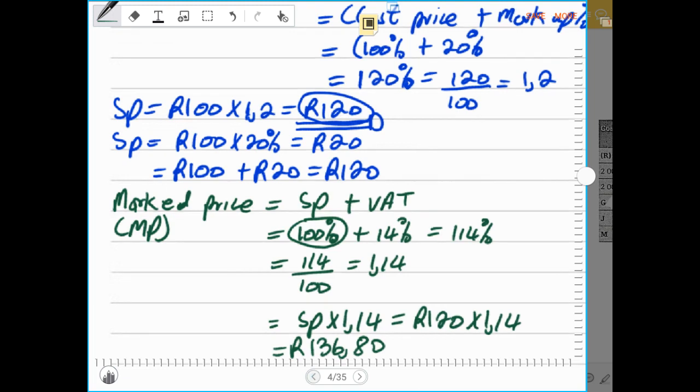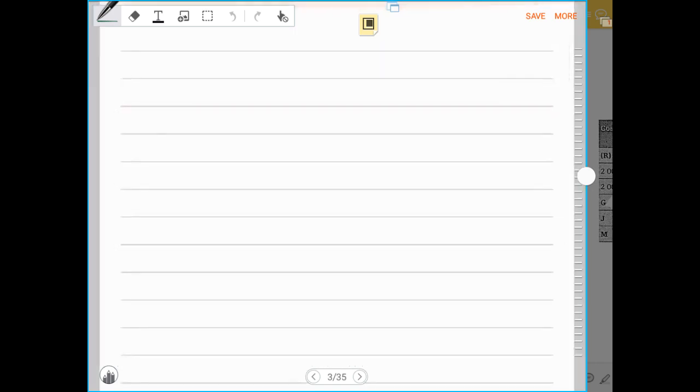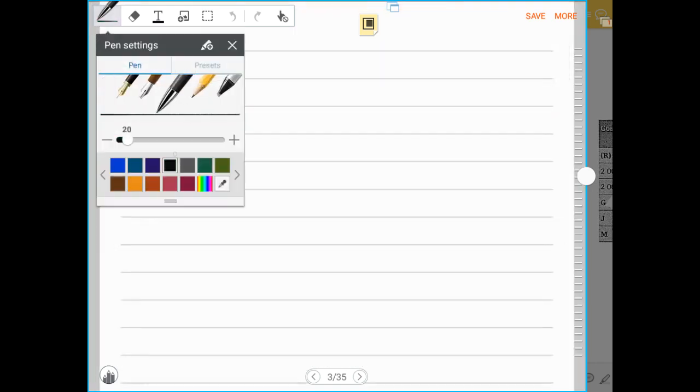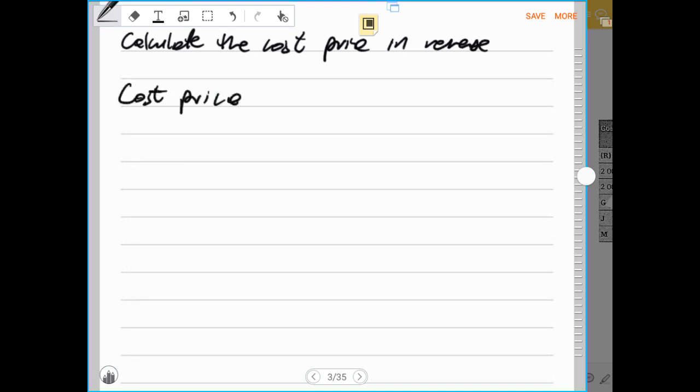So now let me show you the reversal part of this entry. So now to calculate the cost price in reverse, we'll say our cost price will be equal to 136.80, and this 136.80 we remove.